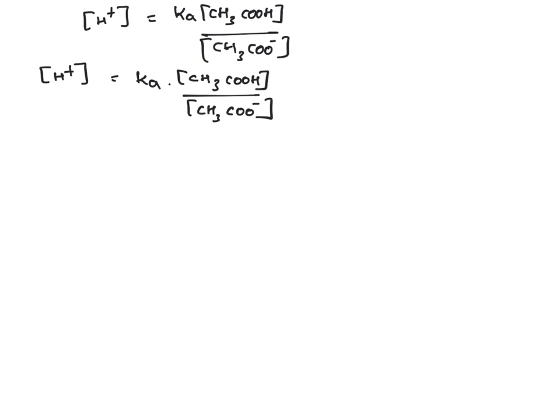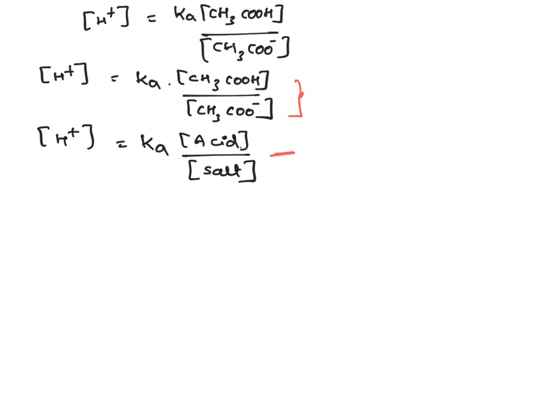To write it more generally, H plus equal to Ka, and the term above is acid, I am writing acid so that we can use any acid concentration, and here the acetate ion is coming from the salt. Because I have taken acetic acid and sodium acetate, if we derive the pH expression in this fashion, we can use it for any salt. That's why I have taken acid concentration by salt concentration.